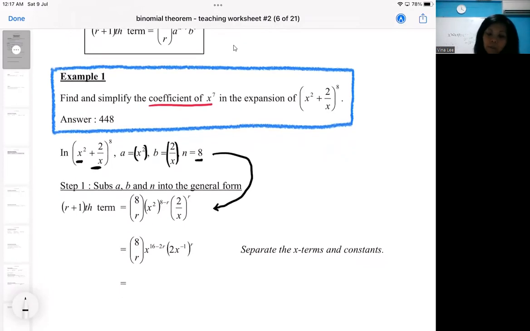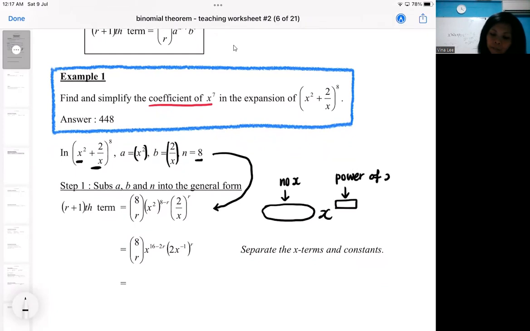You are supposed to simplify in such a way that you will end up with something like this. This is the part with no x. This is the power of x. You will have x here. And this part is what we'll call the coefficient. So you have to simplify until you separate out the x and the non-x. That is the challenge part.